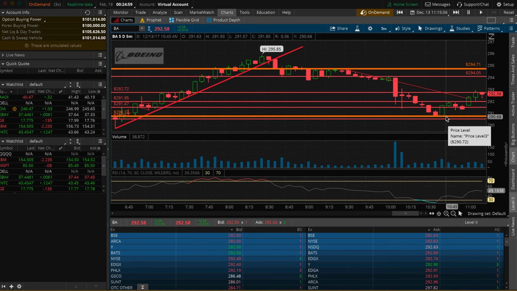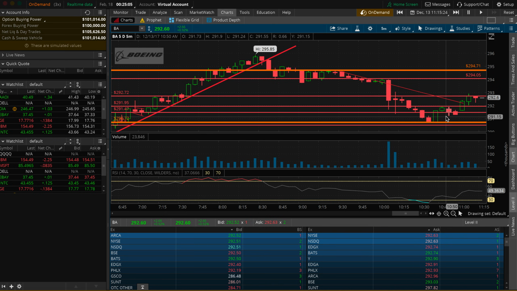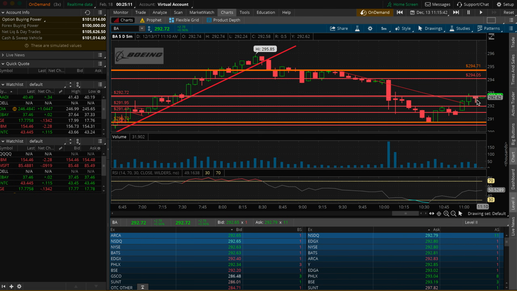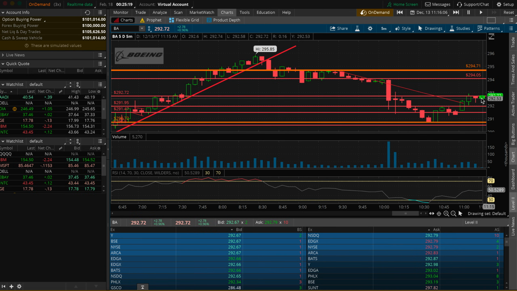So now we're over 50%. So even though this candle looks scary at first, now it doesn't look so scary because we waited for the close. It doesn't look so scary. And the next candle over makes it look even less scary.